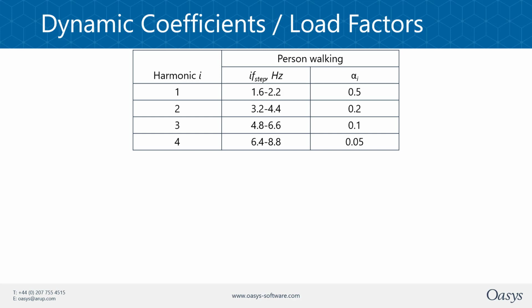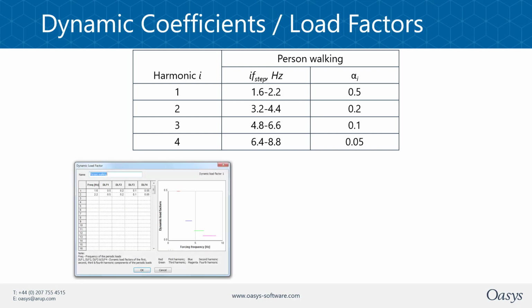Now, these dynamic load factors can vary based on different activities: walking on the floors, walking on stairs, running, rhythmic activities like aerobics and so on. GSA includes the standard dynamic coefficients, but you can also add your own as needed, which you do as follows in the dynamic load factor table.